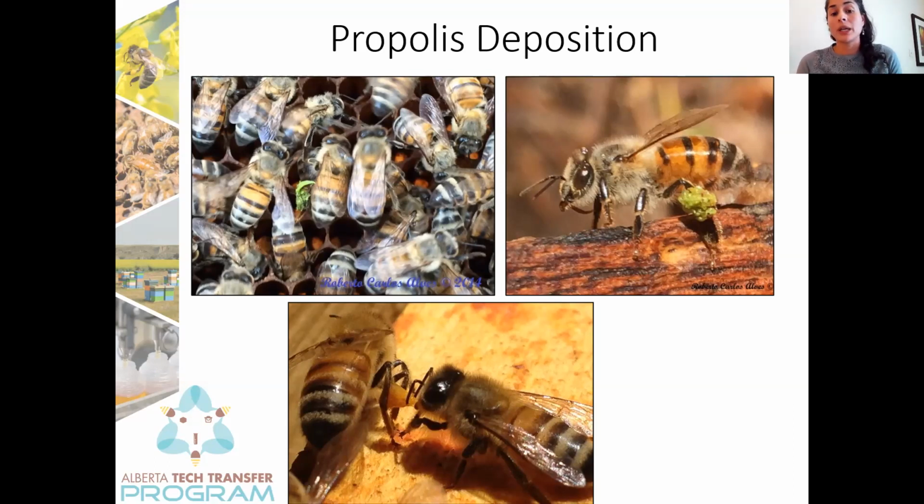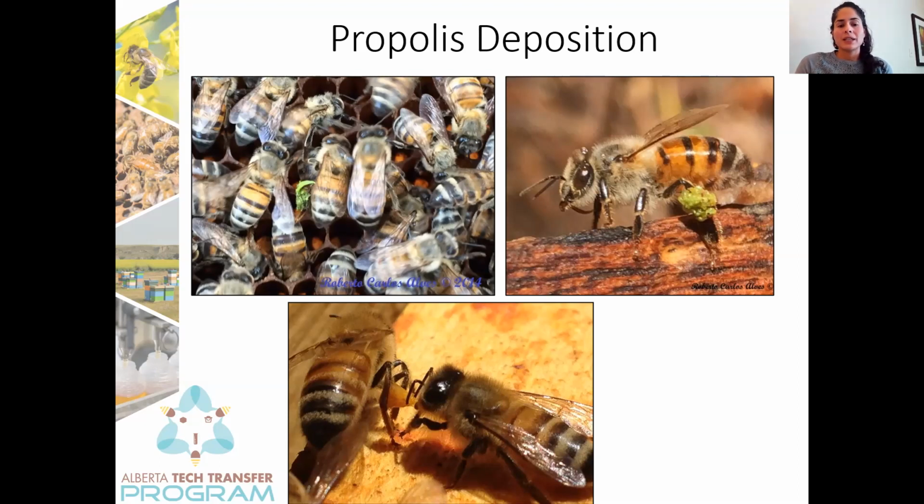So it's very, very quick. But resin unloading can take up to 30 minutes just because it's very sticky. So here on the bottom image, you're seeing a house bee assisting with the task and removing that resin from their hind leg. It's quite neat to watch.